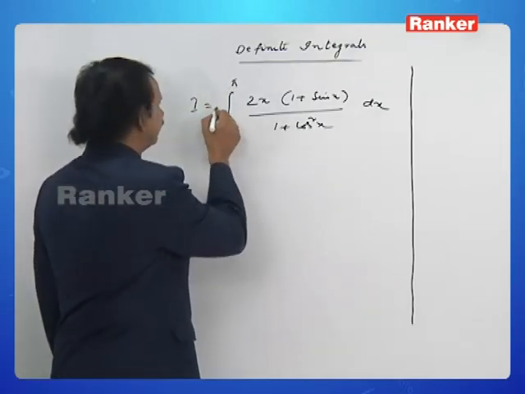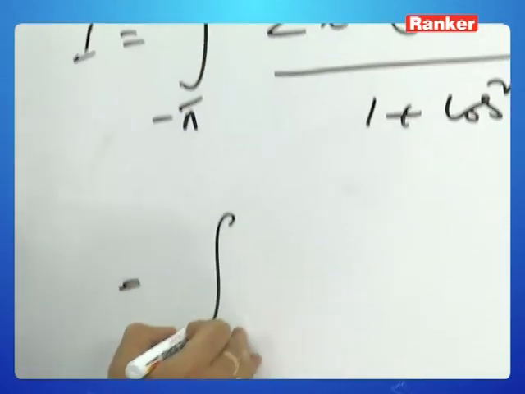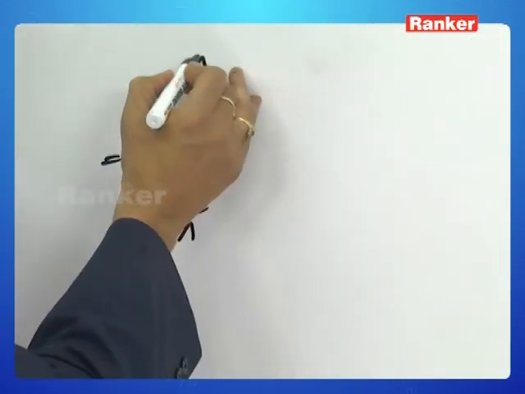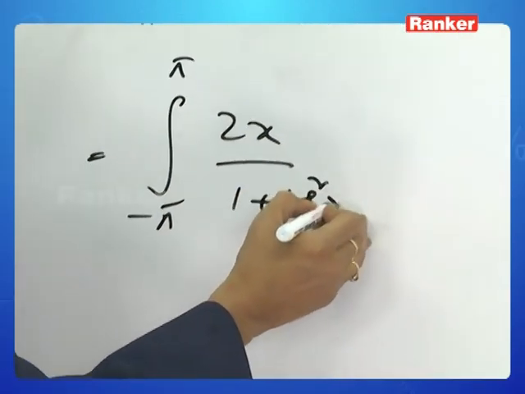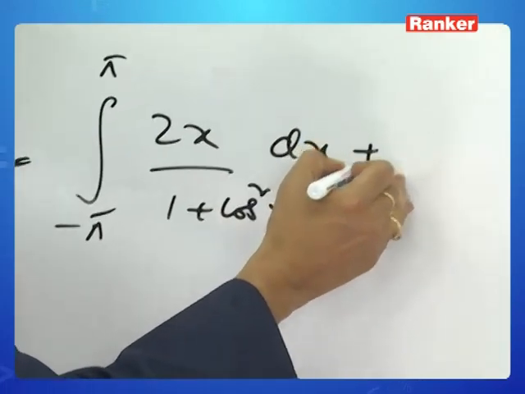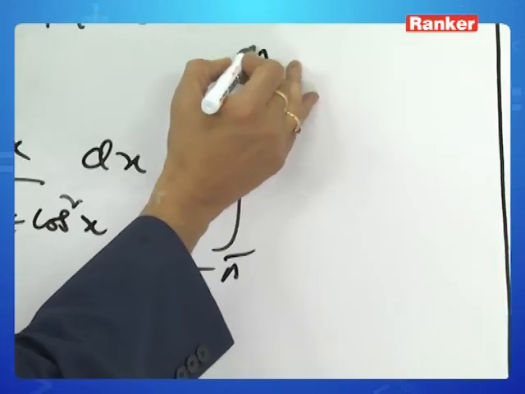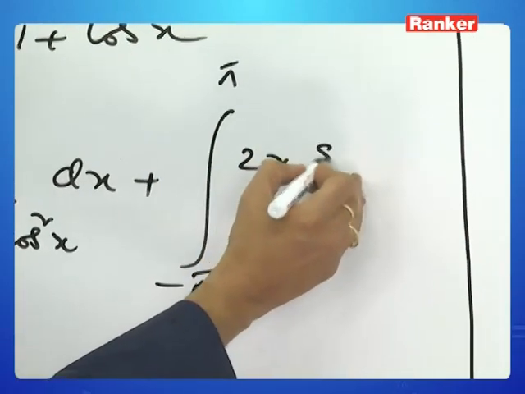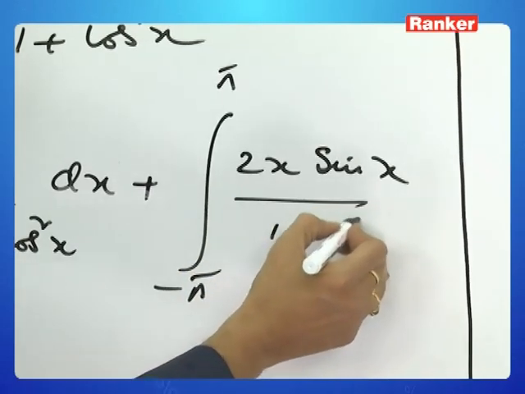This is the given integral I. This is equal to the integral from minus pi to pi of 2x by 1 plus cos square x dx plus the integral from minus pi to pi of 2x sin x by 1 plus cos square x dx.